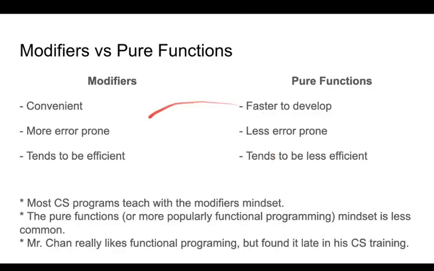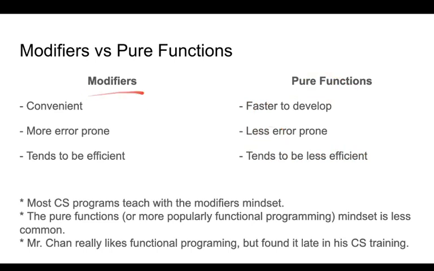Now, the difference between modifiers and pure functions is that we're likely going to be in this camp for modifiers. It's convenient, it tends to be more error prone, and it tends to be more efficient. Pure functions, although it's faster to develop, tends to be less efficient and less error prone, but generally it takes more time.